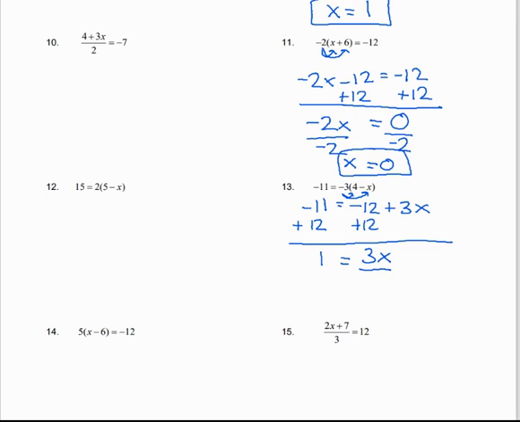And then our last step is to divide by 3. And the common mistake people do here is you think like, oh, 1 and 3, that just makes 3. But notice it's a smaller number up top than the bottom. So we just get 1/3 is what equals x. Any other questions?